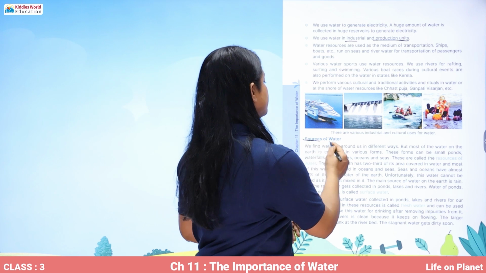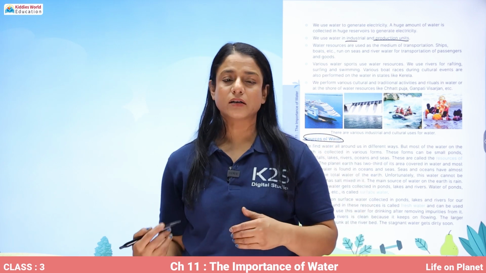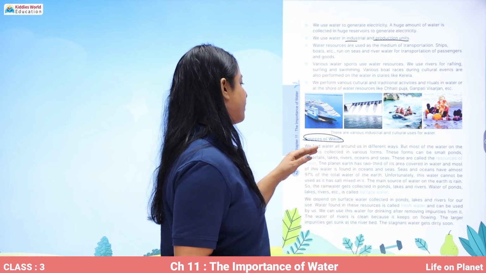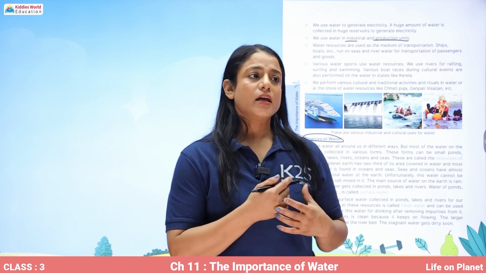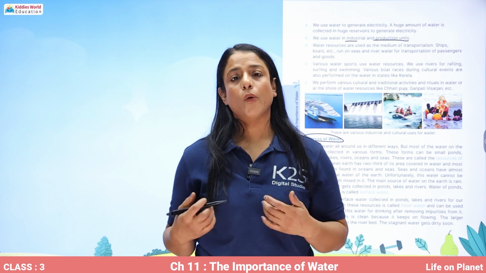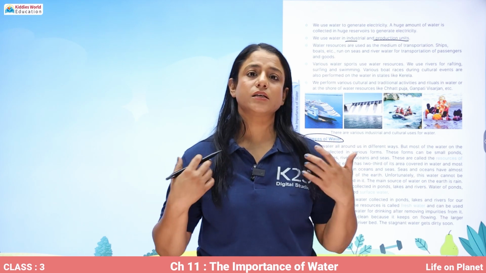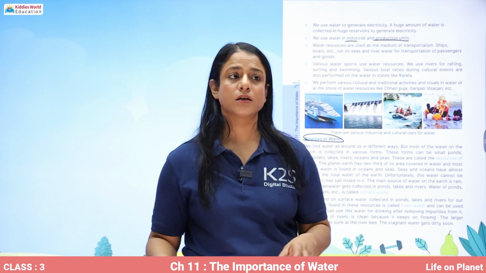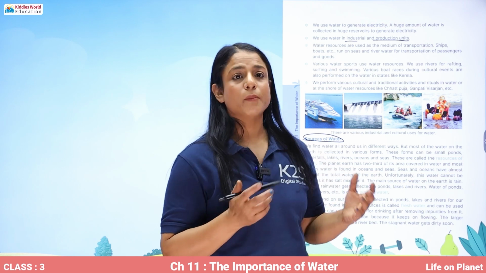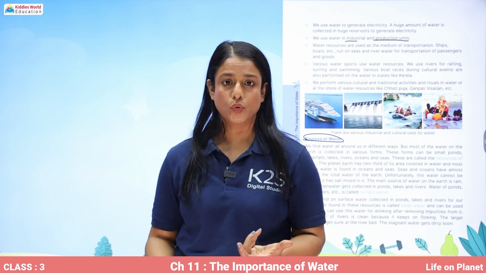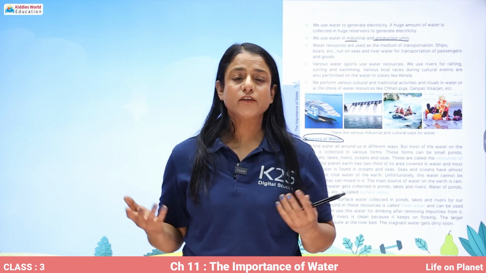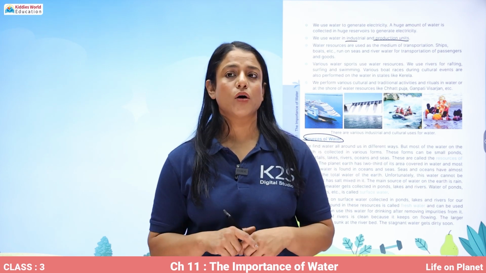Now, what are the sources of water? Where does water come from? We find water all around us in different ways. So, if we look around, there is water in the environment on earth in different forms. There are snow covered mountains, and that's the solid form of water, the snow. Then there is rainfall, that's the liquid form.